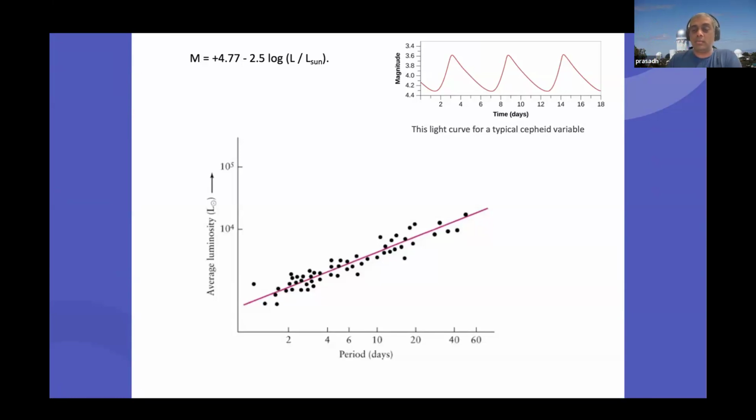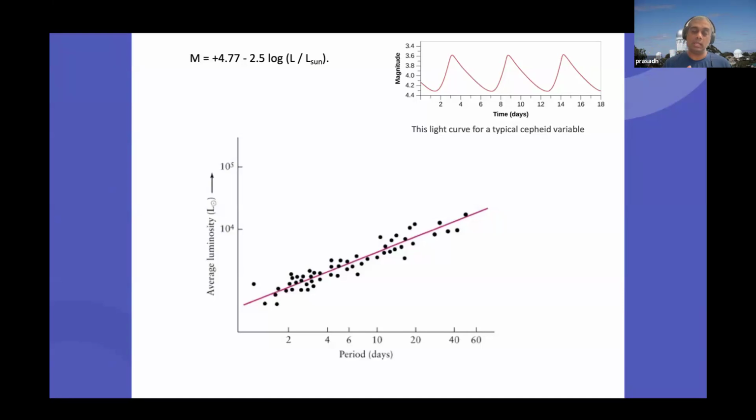Now, what she did was she observed a large number of these Cepheid variable stars and looked at their luminosity, right? The luminosity is again, let's say, an intrinsic brightness of a star, which is related to the absolute magnitude. So let's put it that way.